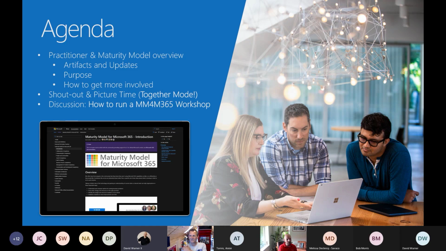We'll give an overview of what this practitioners group is looking to do, and an overview of the maturity model, and then discuss if there have been any updates to artifacts, and we'll then have a Together Mode picture, and then we'll get into the discussion, which is how to run a maturity model for Microsoft 365 workshop. So next slide, please.